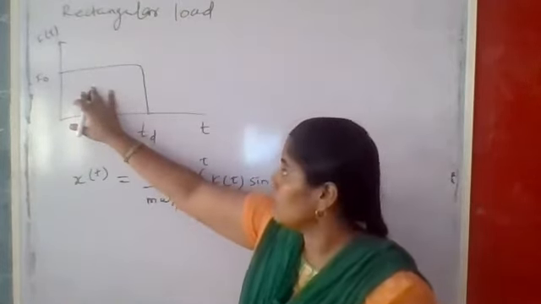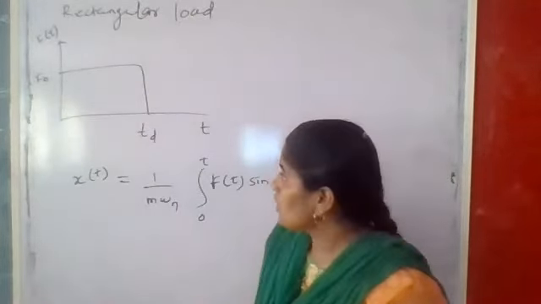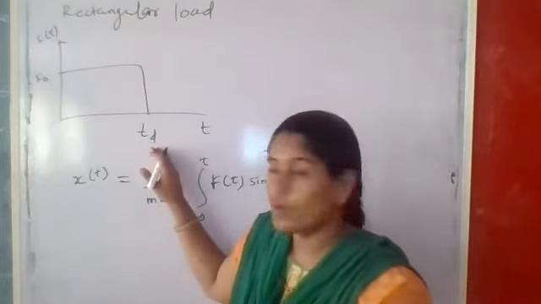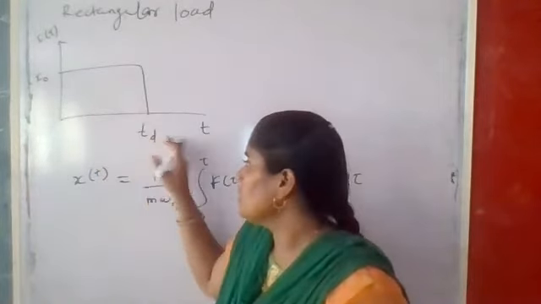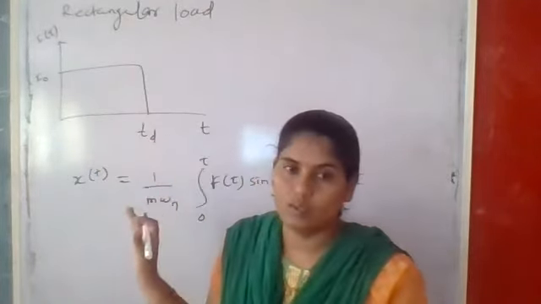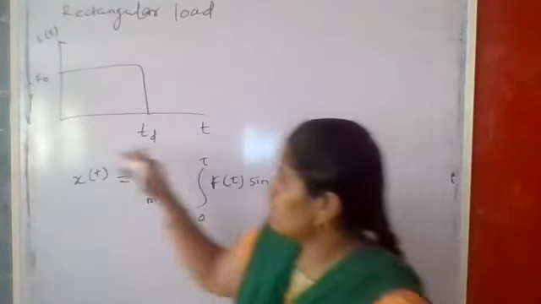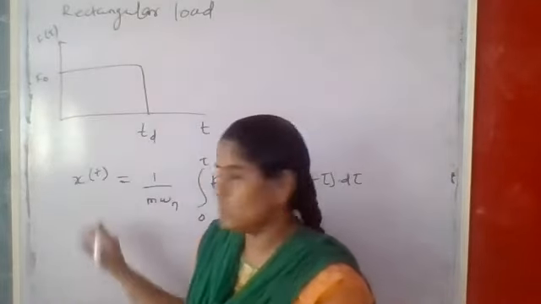In this rectangular area, F naught is the constant force which is applied up to a time period of TD. The cross sectional area is rectangular, and that's why the limit of this time period is up to TD only. At the initial time t is equal to 0, initial velocity and displacement are both 0.